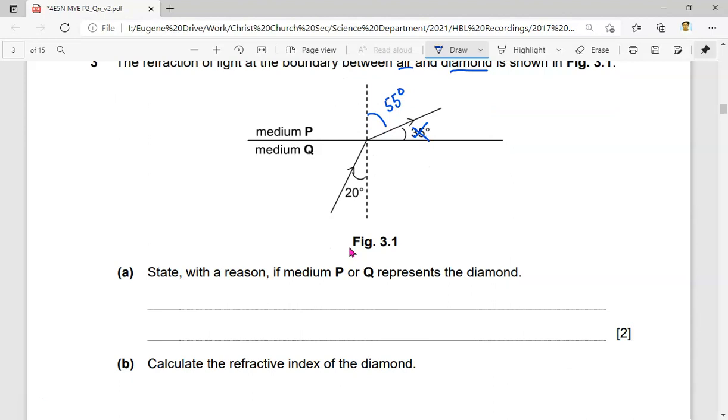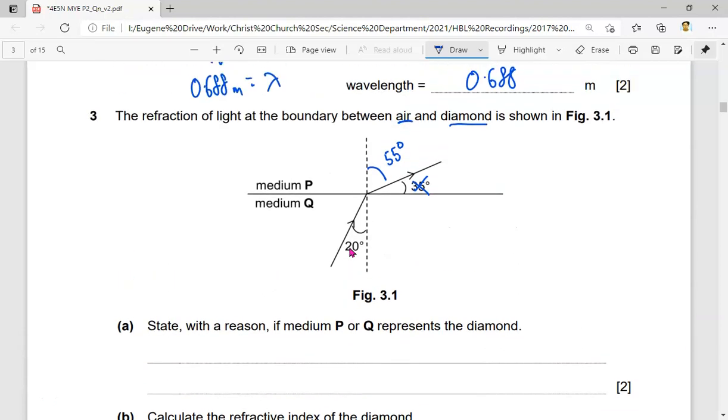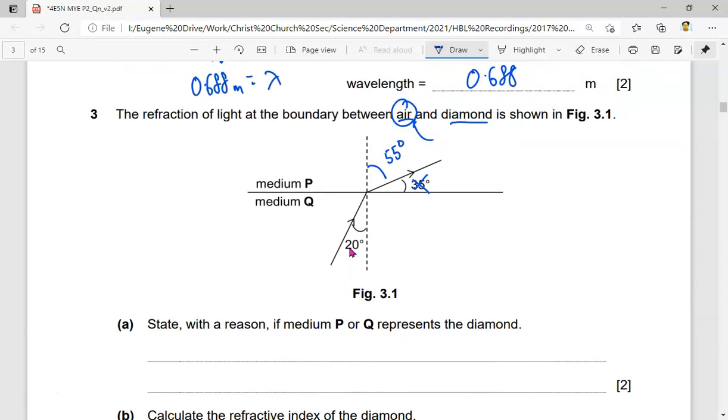Now, state with a reason if medium P or medium Q represents diamond. Take note, air. We have already established that light travels fastest in air. I know vacuum is always the fastest, but in your current syllabus it's taken as about the same thing.